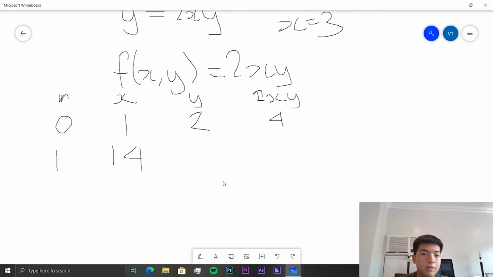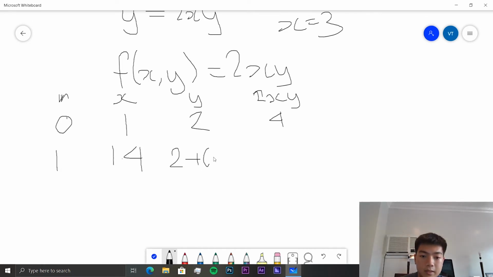Our y value will be equal to 2 plus 0.4 times this new gradient, which is 4, which is equal to 2 plus 1.6, which is equal to 3.6. And so the new value of 2xy, which is 1.4 times 3.6 times 2, is equal to 10.08.